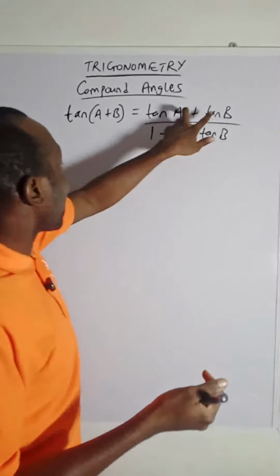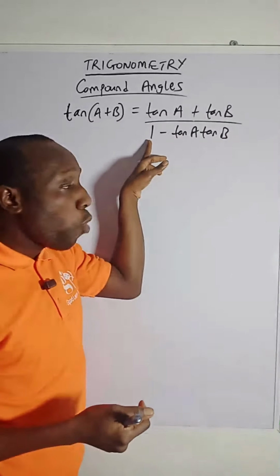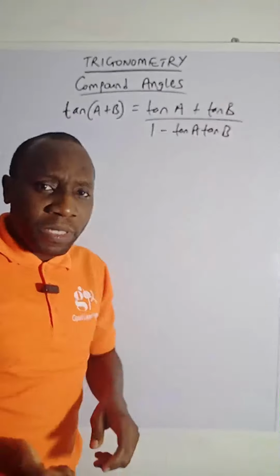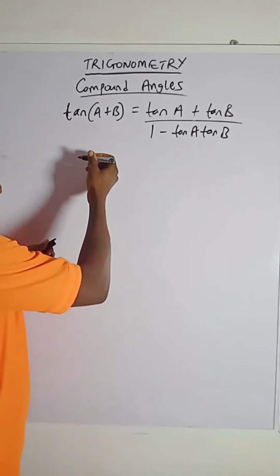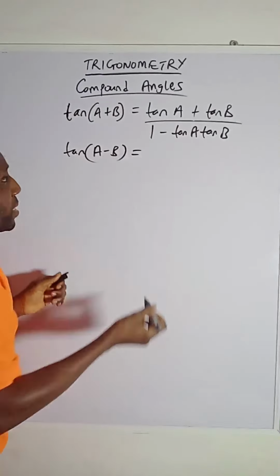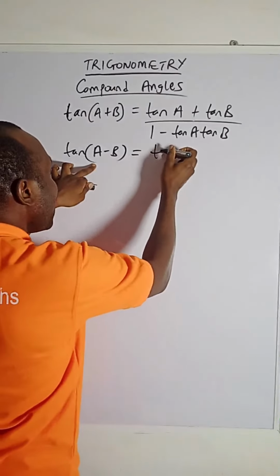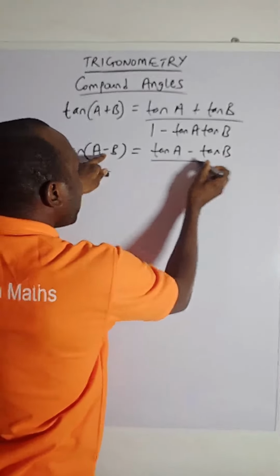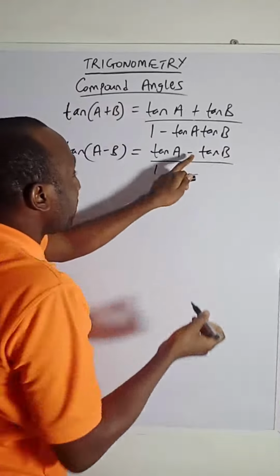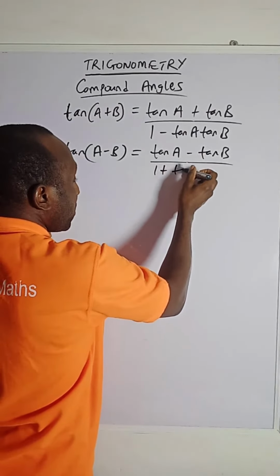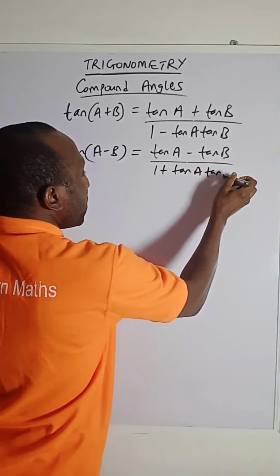Just tan A plus tan B divided by 1, then you change the sign from plus to minus, and then you multiply tan A and tan B. For tan A minus B, it is going to be, again, tan A minus tan B, all divided by 1. This minus, don't write minus here, change it now to plus. So plus what? Tan A and then tan B.